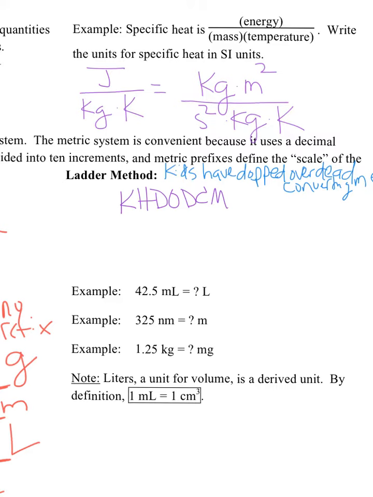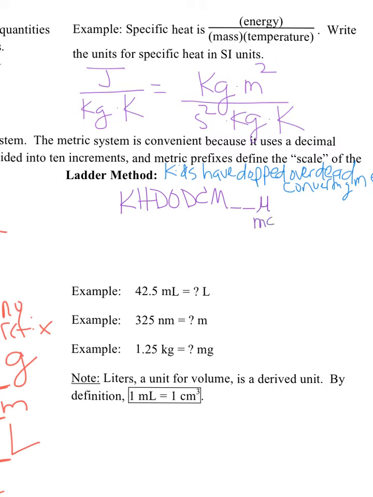Once we get to the ends here, we have to put spaces, because now we're going by 1,000. The next one is a Greek symbol, mu. It's like a U, only it has two curvies, and that stands for micro. You might also see MC for micro.